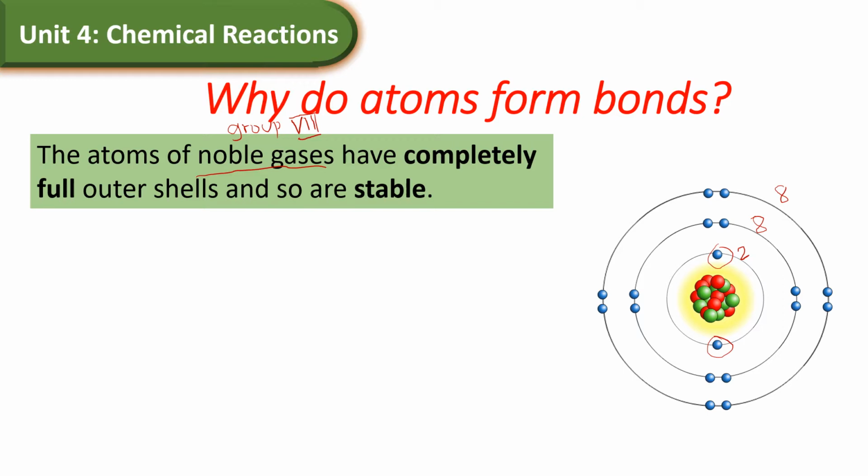Noble gases have completely full outer shells and so are stable. If you are helium with atomic number 2, your outer shell is complete, meaning it has 2 electrons there.